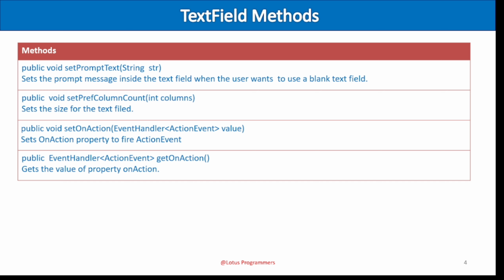As the argument, we define the event handling mechanism, that is, which event is handled on the respective text field. To retrieve that, we call the get on action method, which returns the particular event handler object. So these four methods are the important methods of the text field.